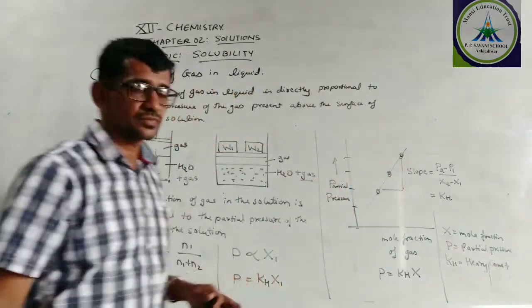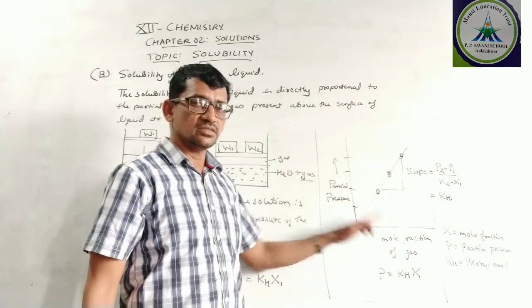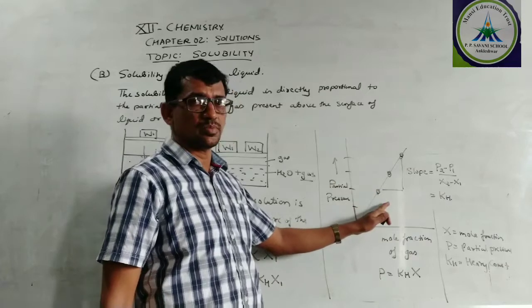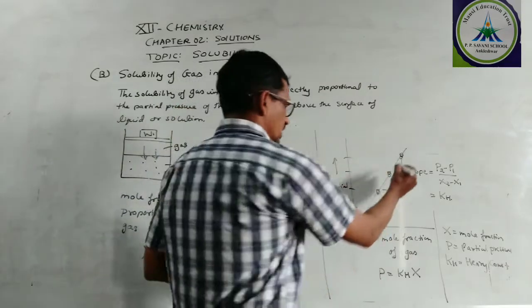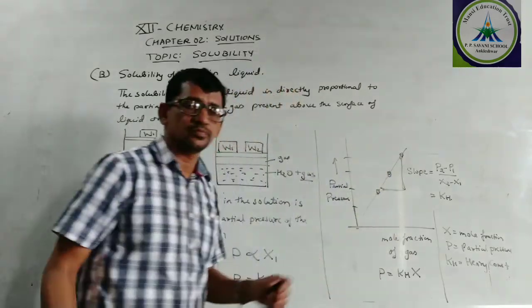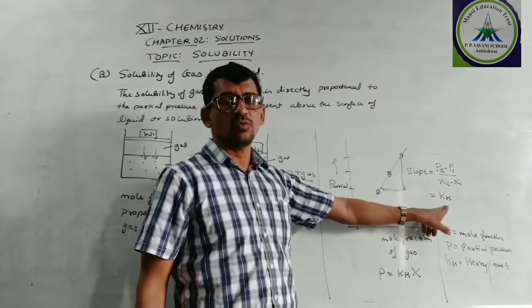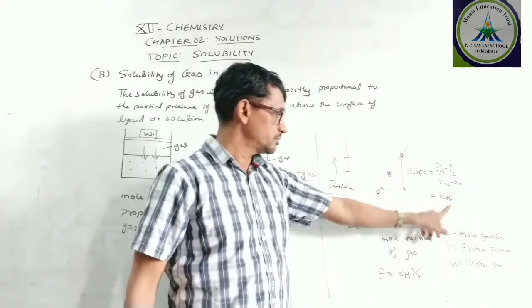As mole fraction increases, partial pressure increases, and as partial pressure increases, mole fraction increases, because it is directly proportional. You put three points and find the slope. From this slope, we can find the Henry constant for a particular gas system.